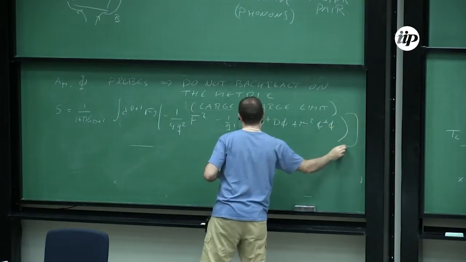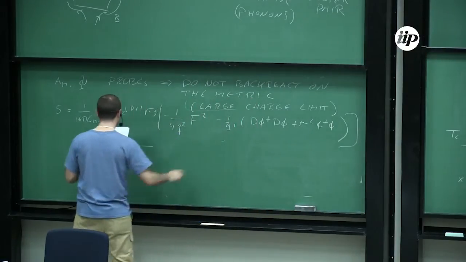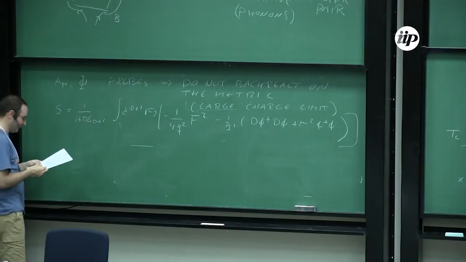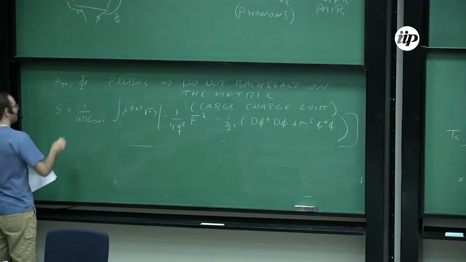And then I'm taking this Q to be very large, and that makes the back reaction on the metric negligible. So that's the first simplification.